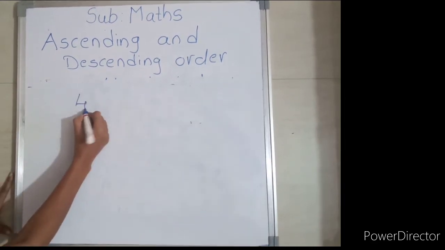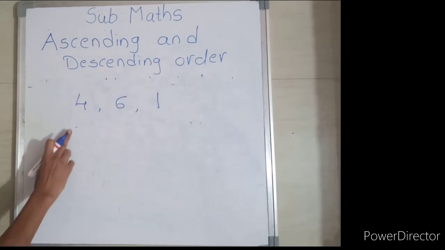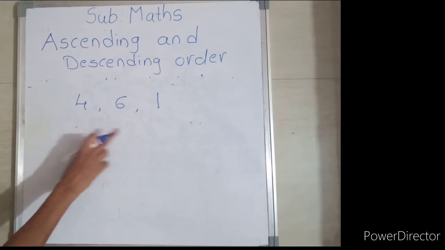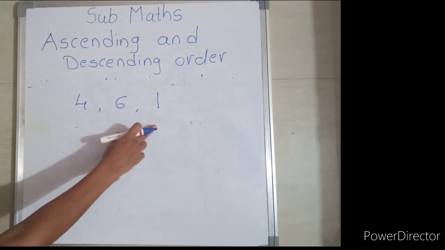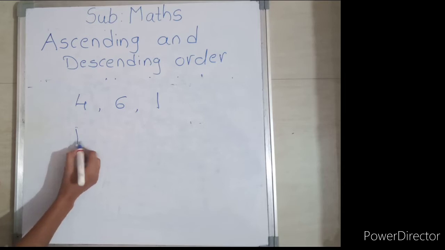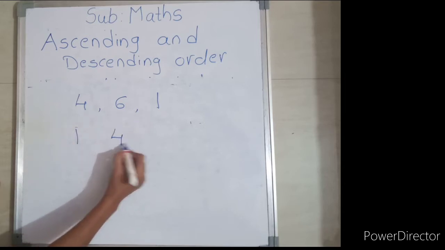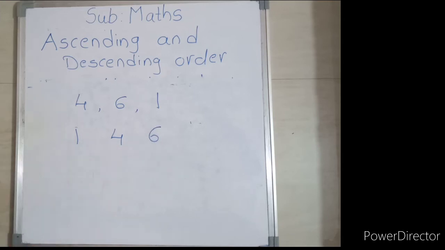Here are these three numbers, 3 digit: 4, 6 and 1. If I arrange these numbers from smaller to bigger, then it becomes 1, because 1 is the smallest among these numbers. Then 4 will come, and then 6.